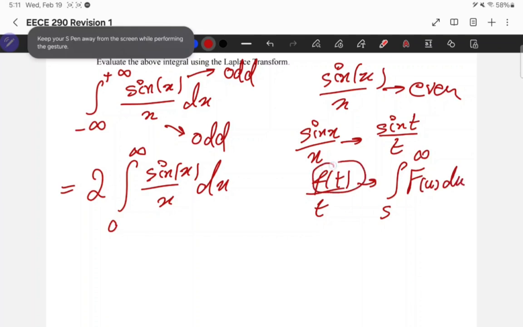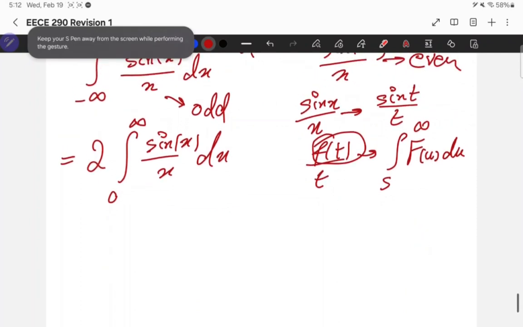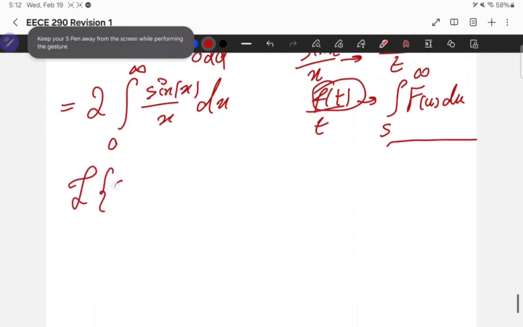F of u is the Laplace of f of t, but instead of s I write a u just for completeness, for the notation of the integral. So if I find the Laplace of sine t and I divide it by t, I find this integral basically. So let's find the Laplace of sine t.